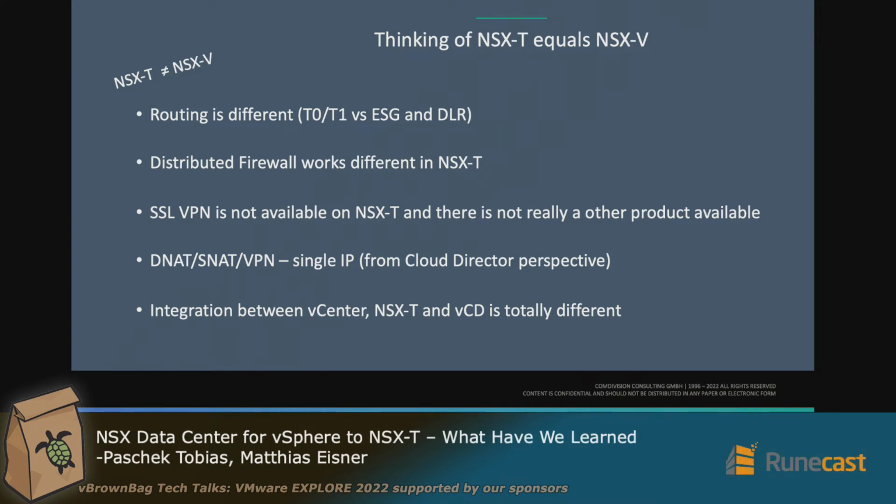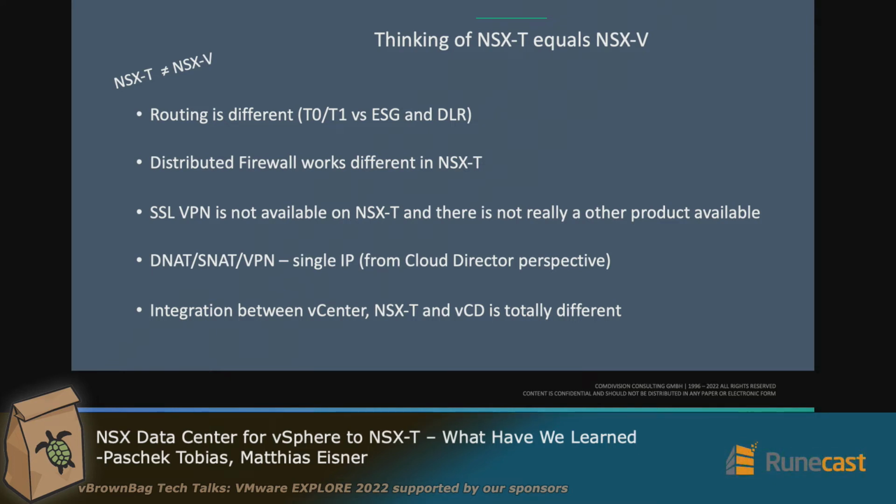This issue is still there, to be fair. At the current moment, using a single IP for VPN and doing SNAT or DNAT is not possible. This is still a big issue from NSX T. It has been solved with version 4, with now the new name NSX only.